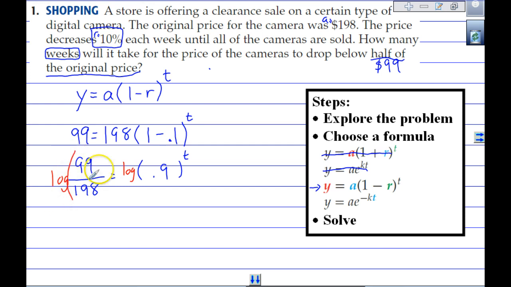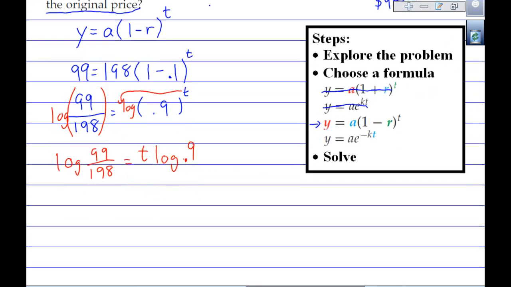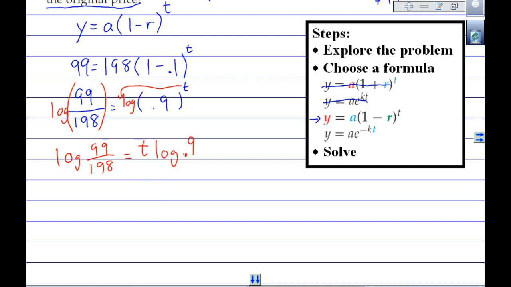So we'll have log of 99 over 198 equals, the exponent becomes a coefficient, t times the log of 0.9, and then go ahead and divide both sides by that coefficient, log of 0.9.